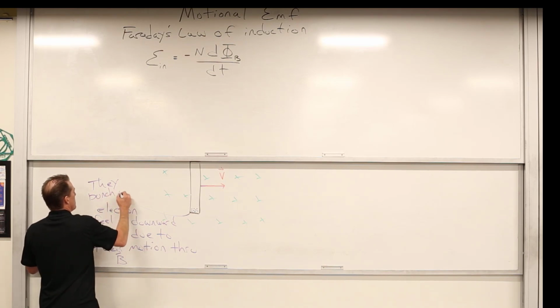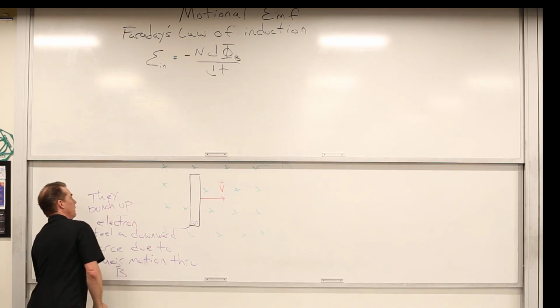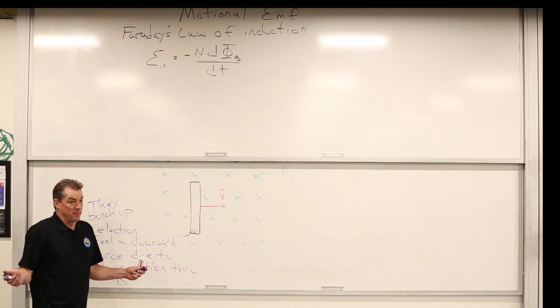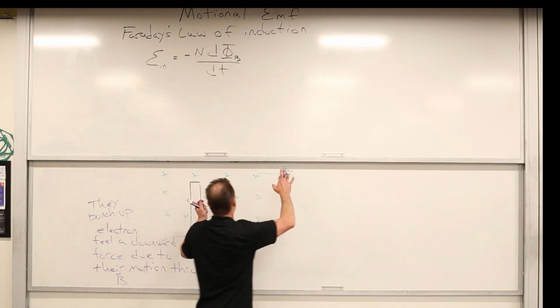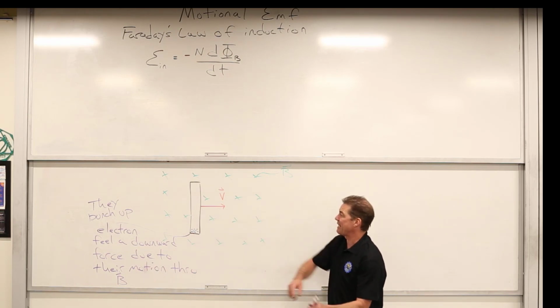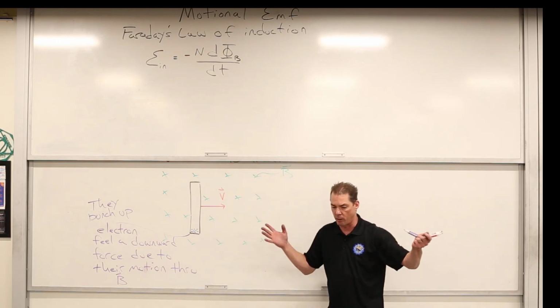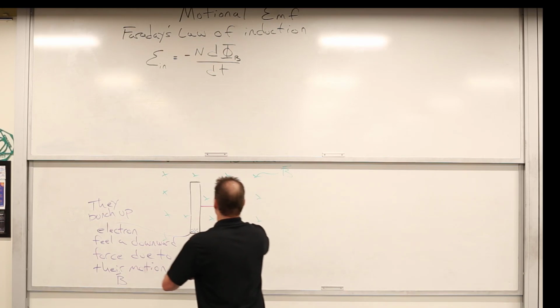What does that leave? At least some exposed protons. Those electrons had to come from somewhere. When this bar wasn't moving through the magnetic field, we had a nice even distribution of the protons and the electrons. So we're left with this.